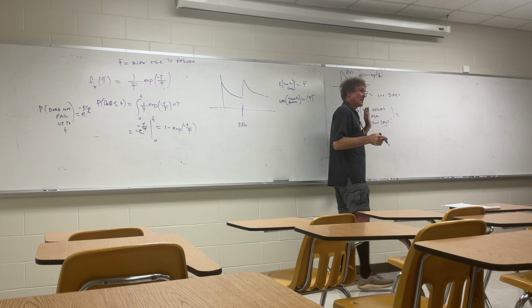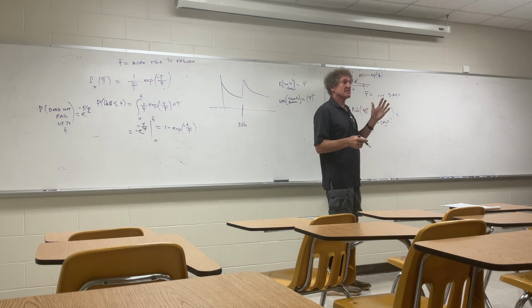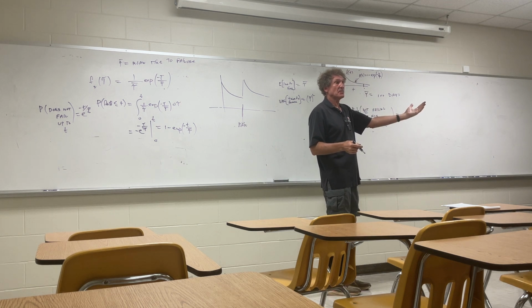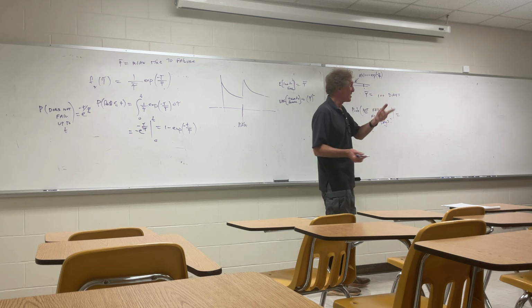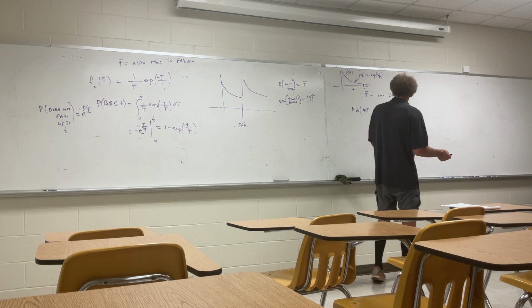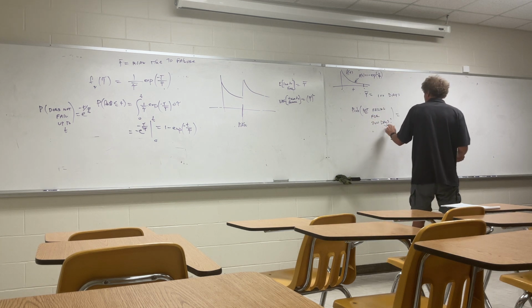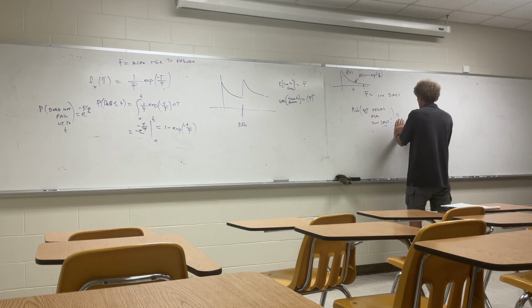Can everybody follow me on that? That's of it failing somewhere in the interval of 0 to the point t, right? What's the probability it doesn't fail? 1 minus. That's right, the probability it doesn't fail, not failing for 200 days, is 1 minus exp minus 200 over 100.